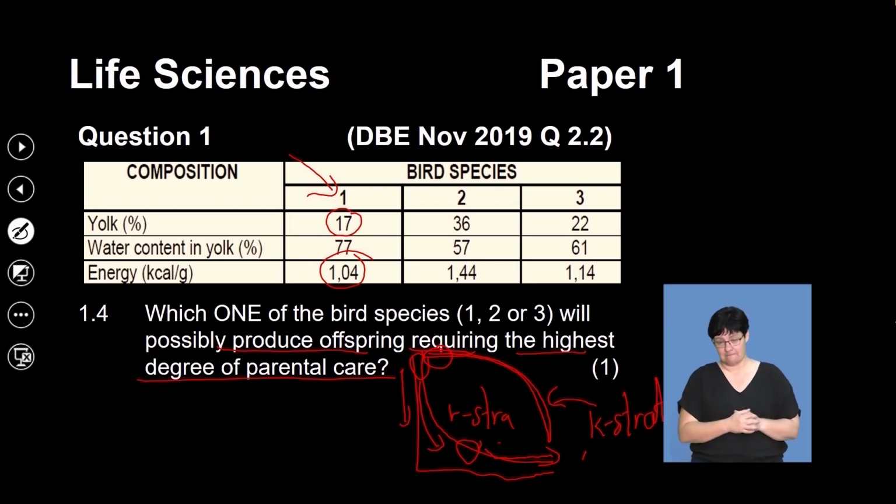And so my answer would be species number 1, and the rationale is that there is very little yolk, so very little energy, and the development within the egg is significantly less. Lots of that development is only completed after the young have hatched, and that would require extensive parental care.